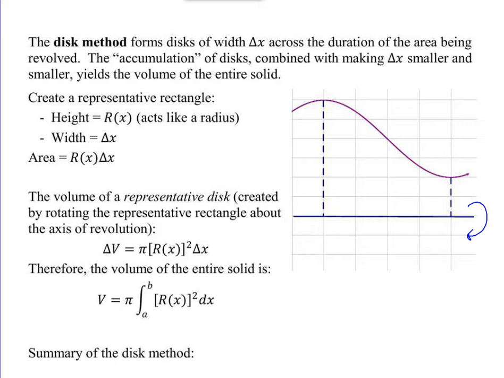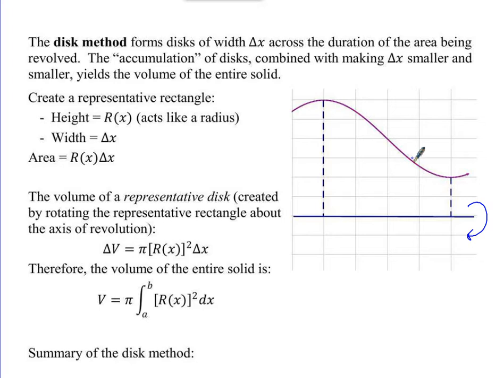Now, the accumulation of disks combined with making delta x smaller and smaller yields the exact volume of the entire solid once we generate it. So we need to draw in a representative rectangle. We are going to make a solid figure, an entire three-dimensional object. We need to find the volume of it, okay?